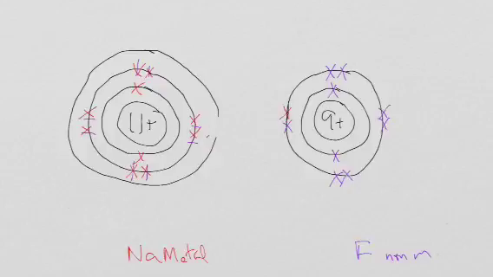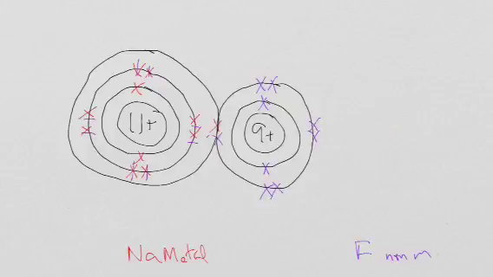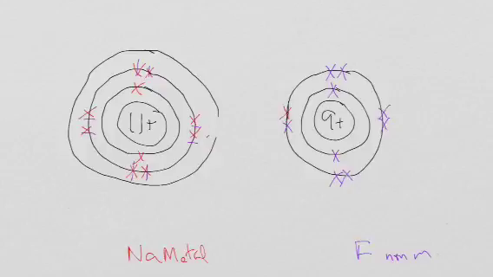So when they actually bond, they're nice and happy, everybody's stable, this whole element is nice and neutral: same number of protons as electrons. When they break up, though, how many electrons is sodium going to have?